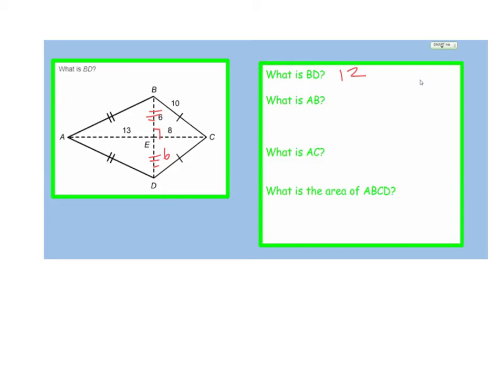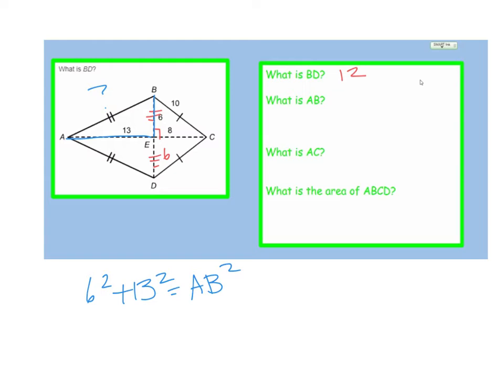AB is this guy over here. And so I'm going to have to use Pythagorean theorem to solve for that guy. So I've got to look at this is a leg right here, and this is a leg, and I'm trying to figure out the hypotenuse. So I'm going to do 6 squared plus 13 squared, and that's going to equal AB squared.